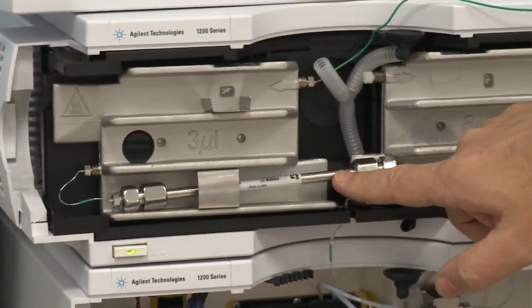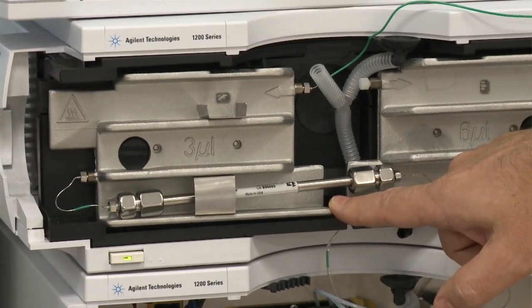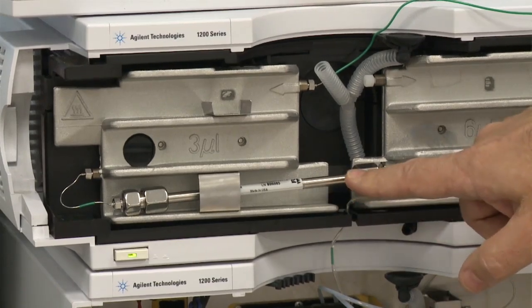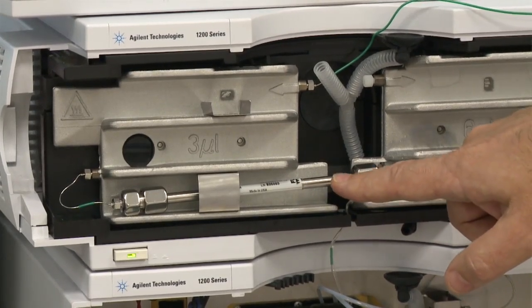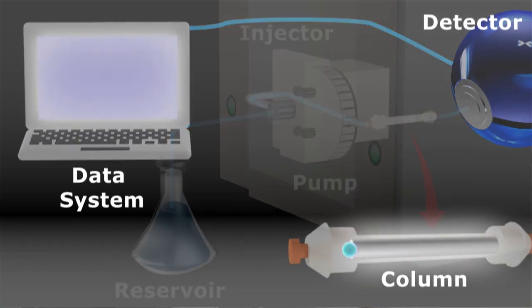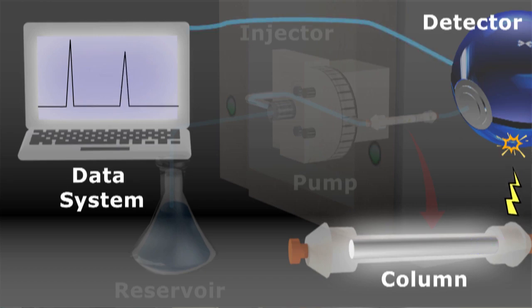And you can see the HPLC column is quite different to the GC column. This is made of steel, and the pressure inside is currently 157 bar. The sample passes through the column and then passes to the detector, and the information from the detector is fed to the computer, and again it can be displayed and recorded.